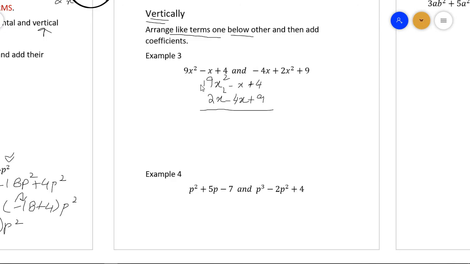Okay, both of these are positive as their nature is same, so we will add 9 plus 2 will be 11x square. Okay, greater has authority, so there will be positive sign.